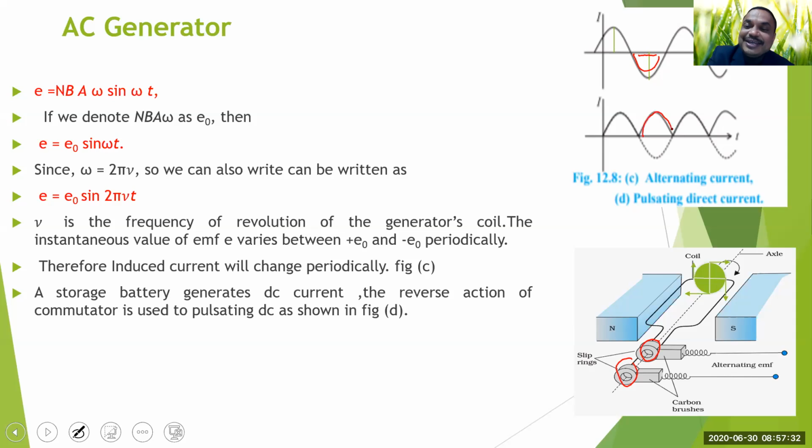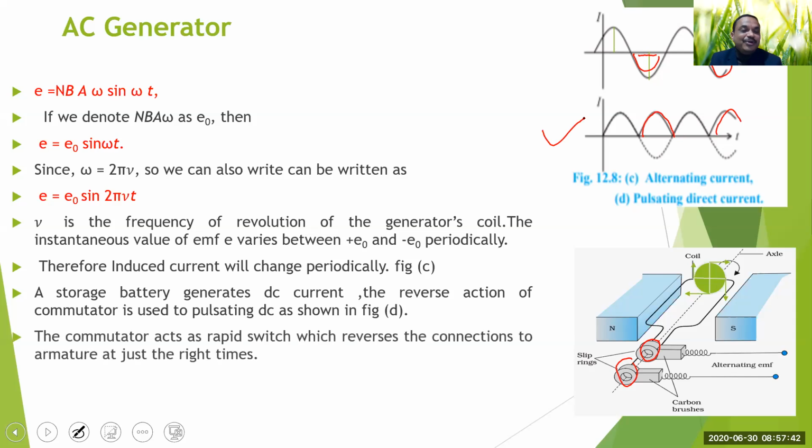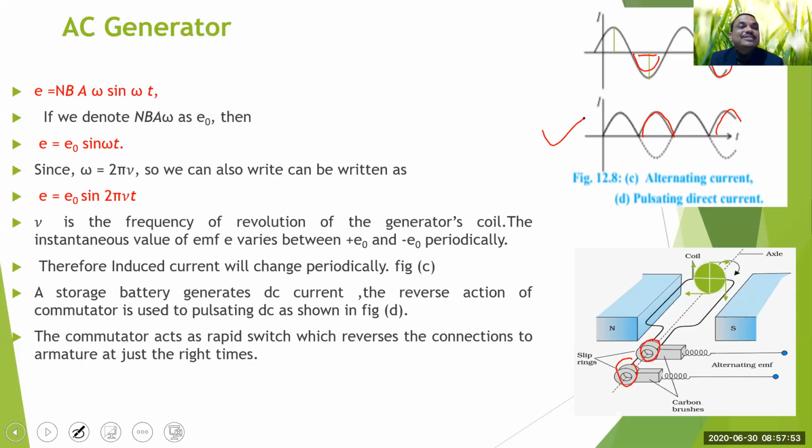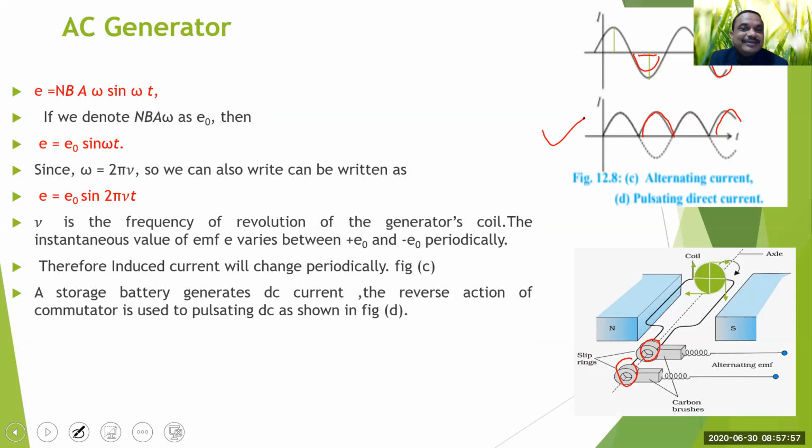So we get here a positive pulse. Again for the negative cycle, we get a positive cycle. And in this way, we get DC generation. The commutator acts as a rapid switch which reverses the connection to the armature at just the right times. So this is the construction and working of the AC generator.